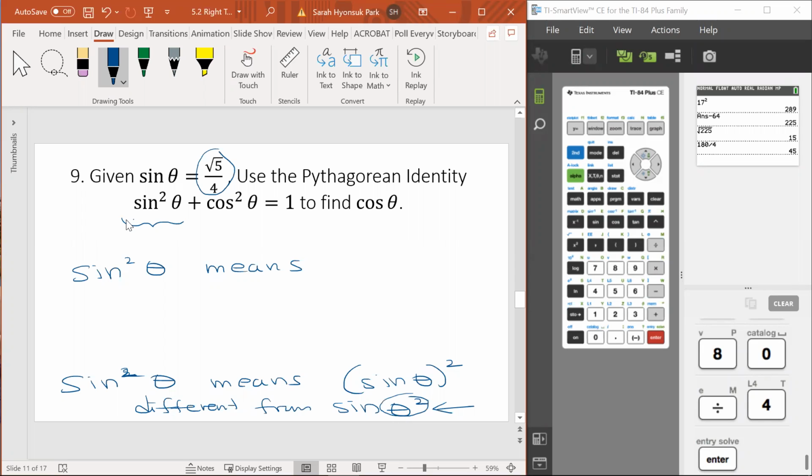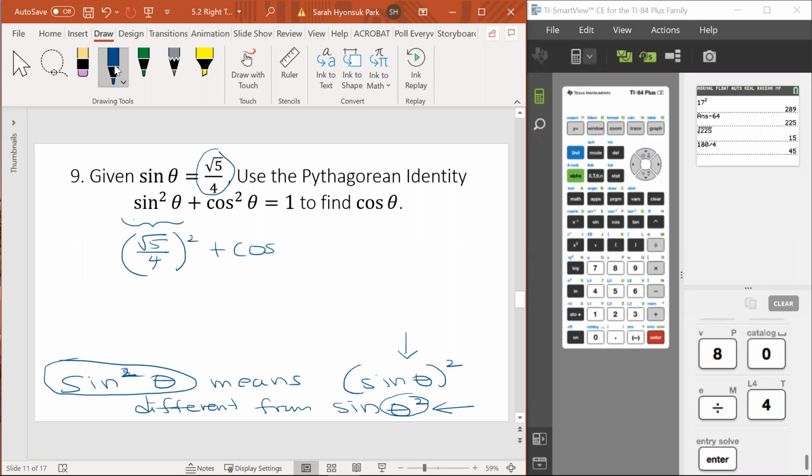And so instead of writing parentheses around sine theta and then squaring, we just write sine squared theta. Okay, so let's replace sine with root 5 over 4. We have to square that whole thing, plus, we're trying to find what cosine is, equals 1.